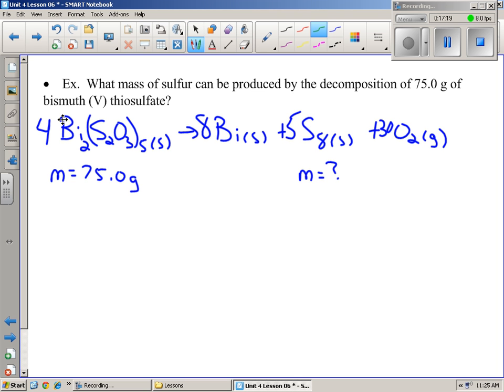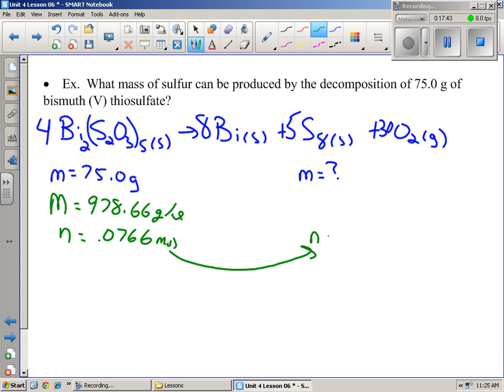Molar mass of bismuth 5-thiosulfate is, I believe, 978.66 is what you should get. And when you divide those two, I believe you get about 0.076. Yeah, 0.0766. And I need to move that over to there.